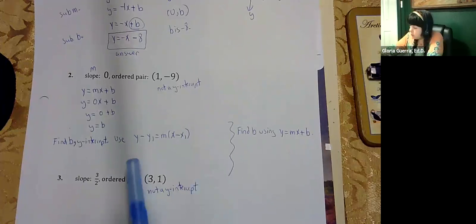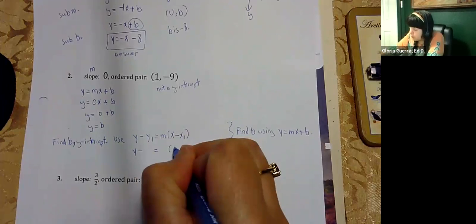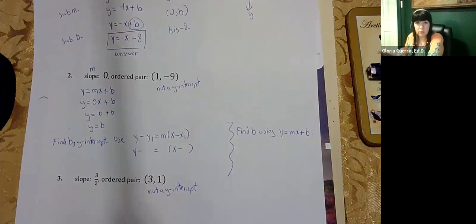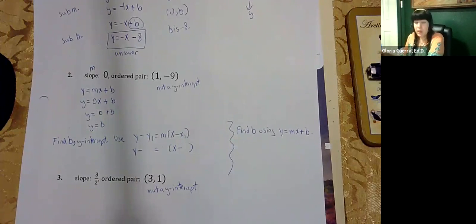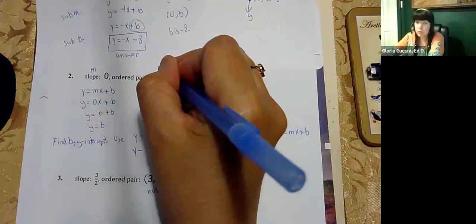So I just fix y and x there, and remember x is fixed. This point I'm going to call x1, y1, the only point that's given.